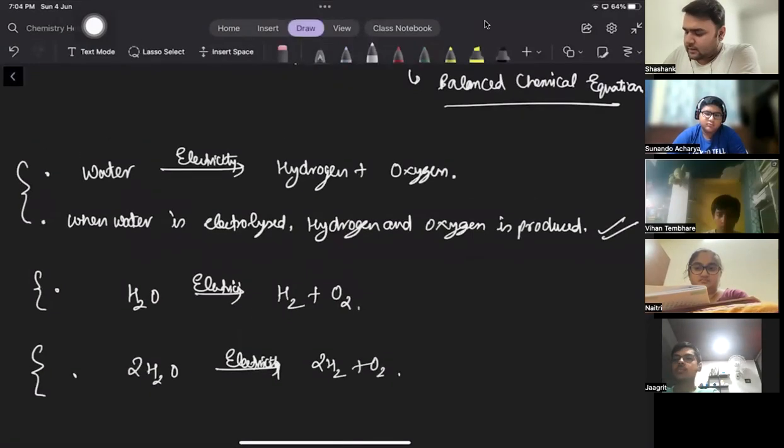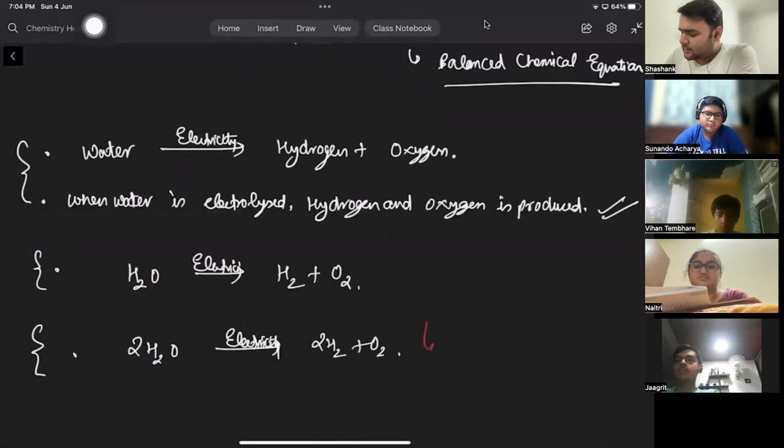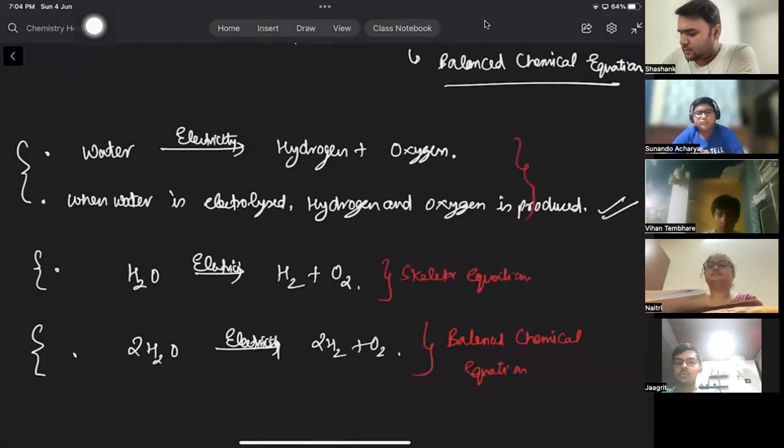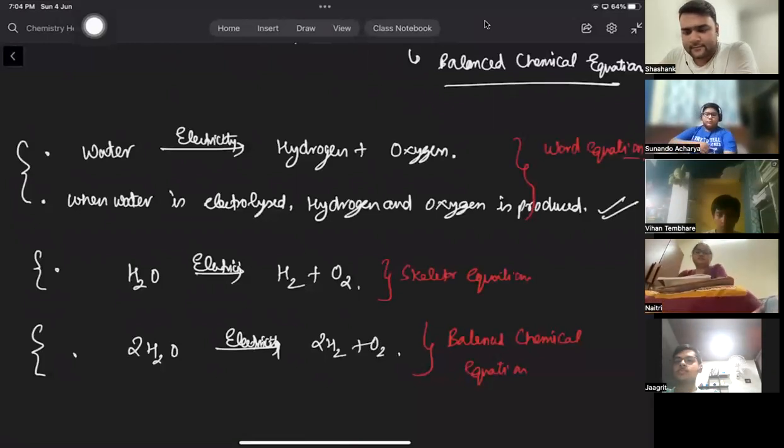Understand? I'll quickly write it. This is your balanced chemical equation. This is your skeletal equation. And this portion is your word equation. Make sense?